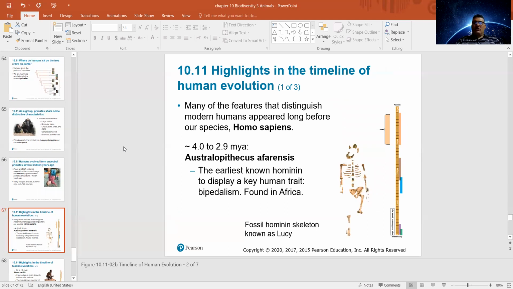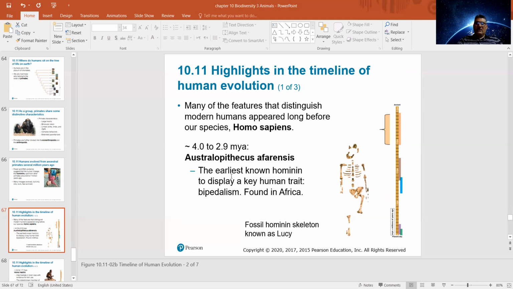So how did the humans evolve? Homo sapiens is our species. And the very first hominin lived about 4 to 2.9 million years ago, like Australopithecus afarensis.